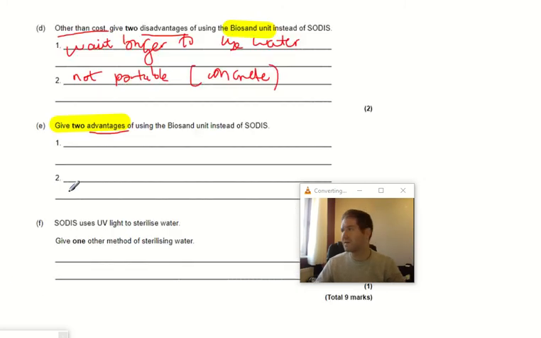So let's say it's a better filtration rate and it's more effective.